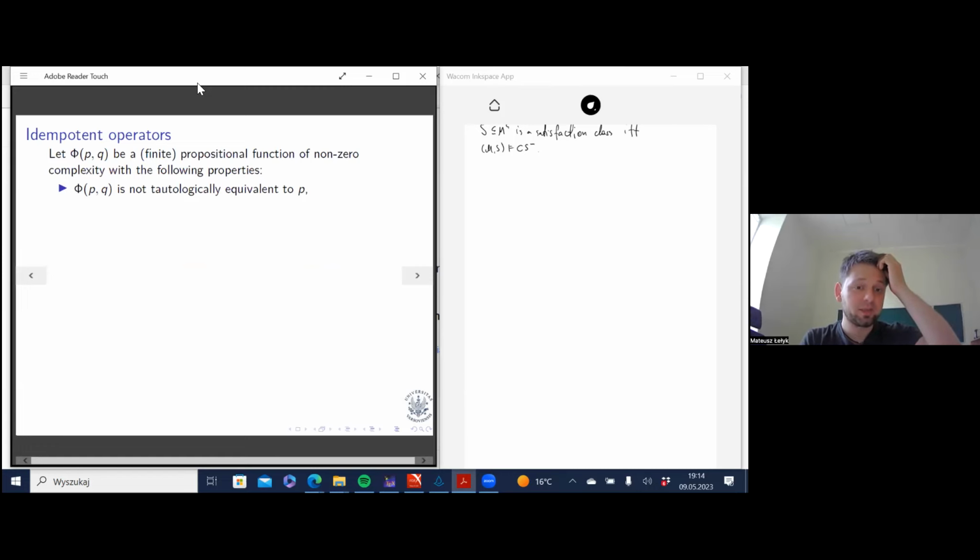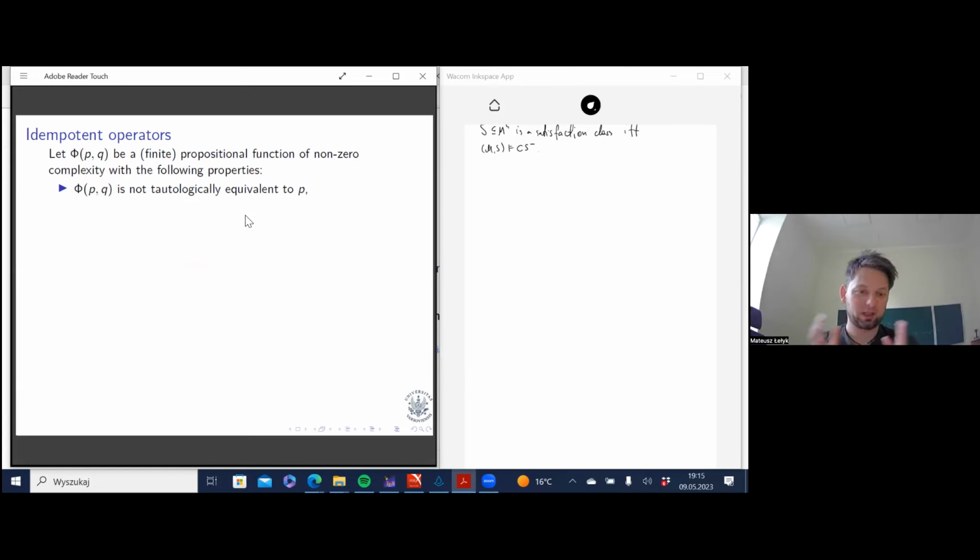We say that phi of P Q, by this we mean a propositional formula built with atoms P and Q, connectives conjunction, disjunction, negation, and quantifiers treated as unary operators.